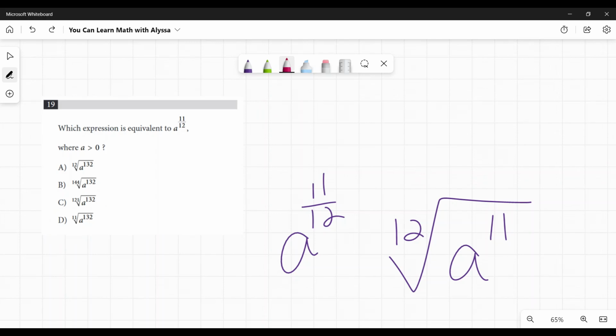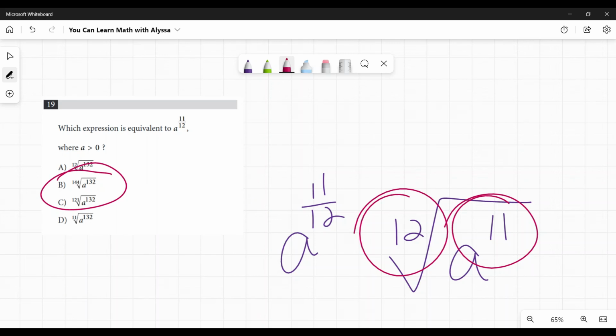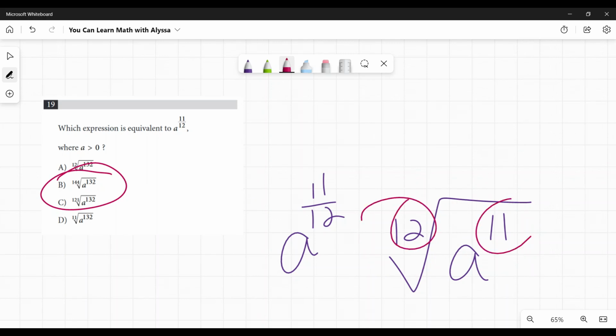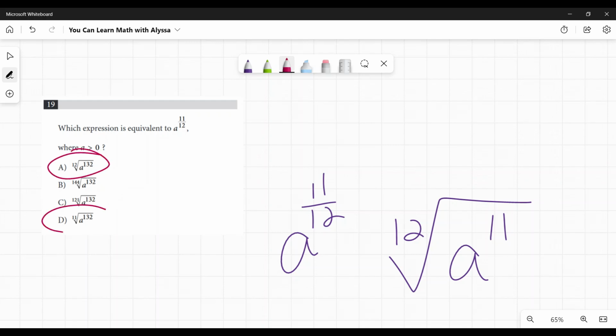Well, right off the bat, I'm going to eliminate A and D, because as you can see in these two, the base, the root, and the exponent were all changed. However, in these two, well, this one has the 11 outside, and there's no way that 11 is going to be the root, because I know it's going to be related to 12.